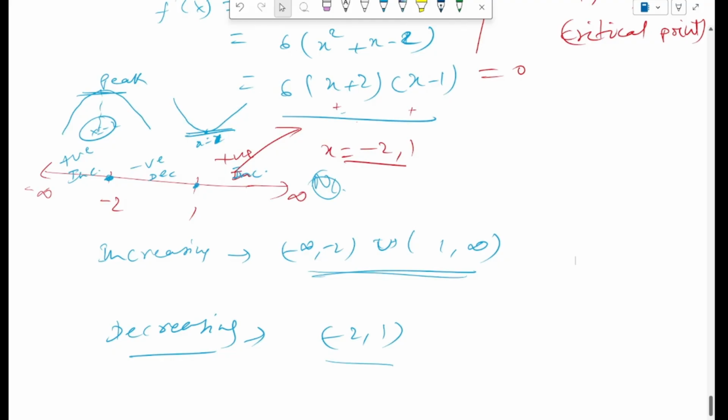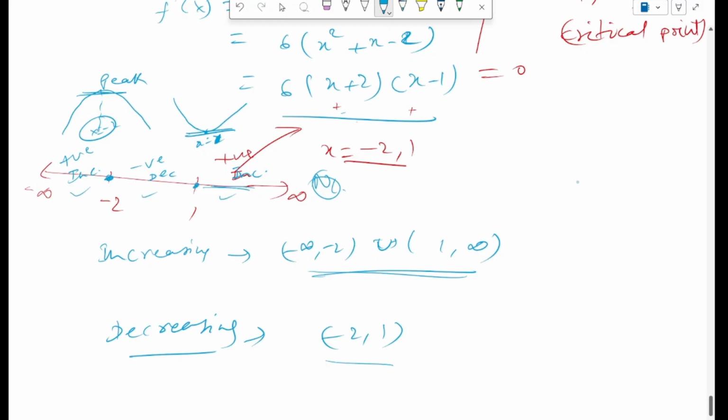Now you might have noticed that by putting some value in this region, we calculated whether the function's first derivative was positive or negative. But when there are a lot of critical points, we don't have to put values in all the regions.